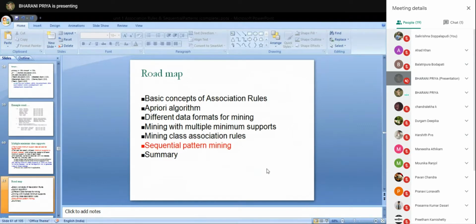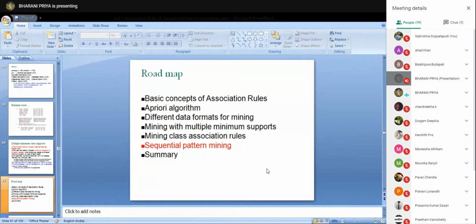Sequential pattern mining. In general pattern mining, or in general frequent item sets, you are not seeing the sequence of items purchased by the customer. The time is not taken into consideration.